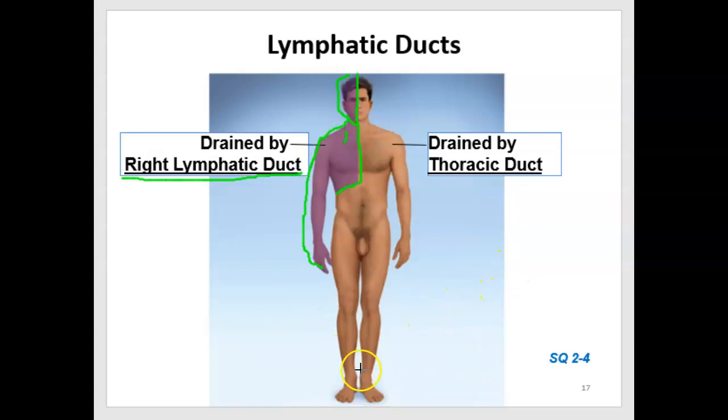The rest of the body, both legs, the entire pelvic region, much of the abdominal region, the left thoracic, left arm, left side of the head, all form fluid, lymph, that goes into that thoracic duct, which is on the left side.